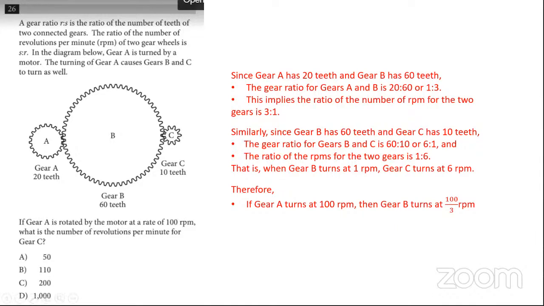Now, since gear B runs at 100 by 3 RPM, and the ratio of RPMs for gear B and gear C is 1:6, then gear C will run at 100 by 3 into 6, which is equal to 200 RPM.